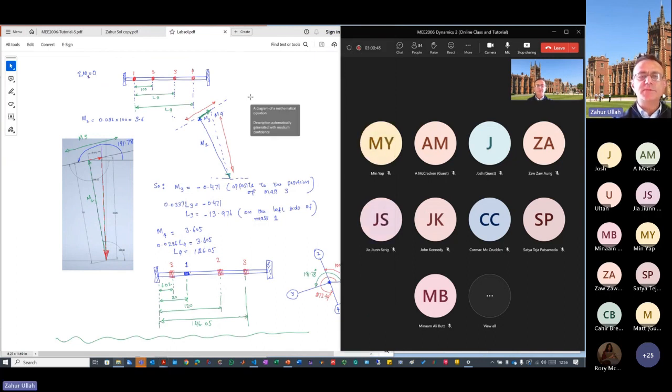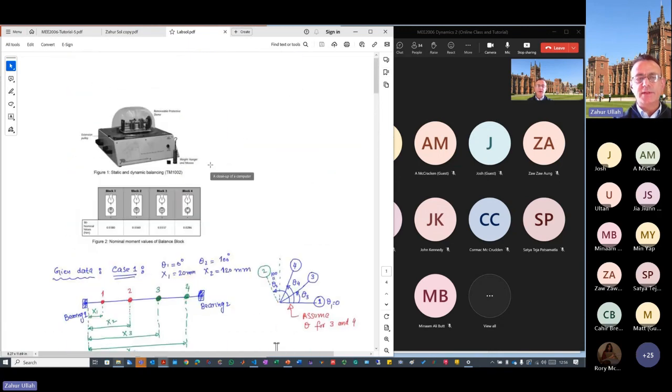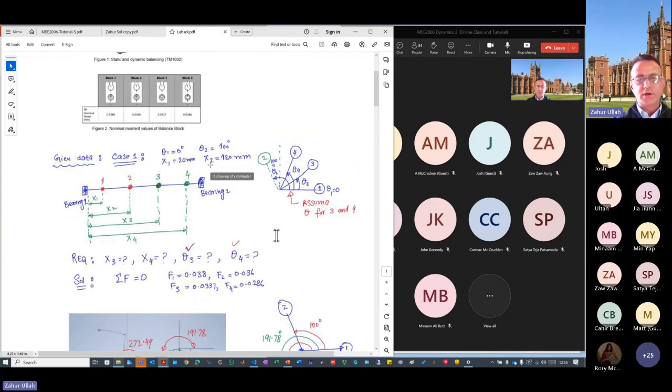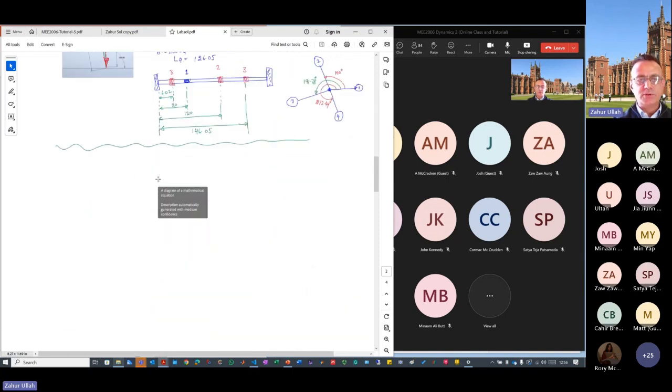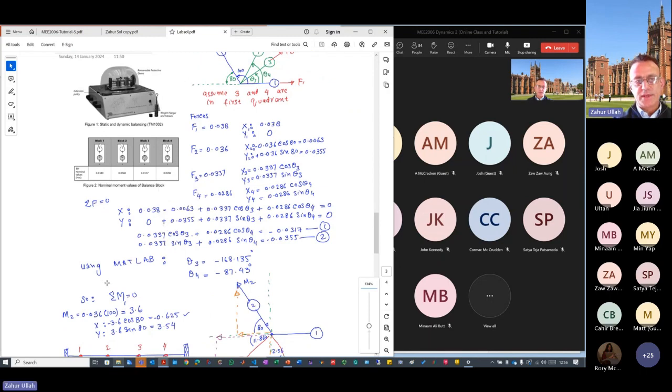So this is basically one of the labs. You will have to do this calculation to submit as a lab report. There are also two other cases in the lab report, but normally you need to do just one case because there is limited time. I took this as the first case, and you can see I solved this problem first graphically, and then I also solved the same problem analytically, which is given here.